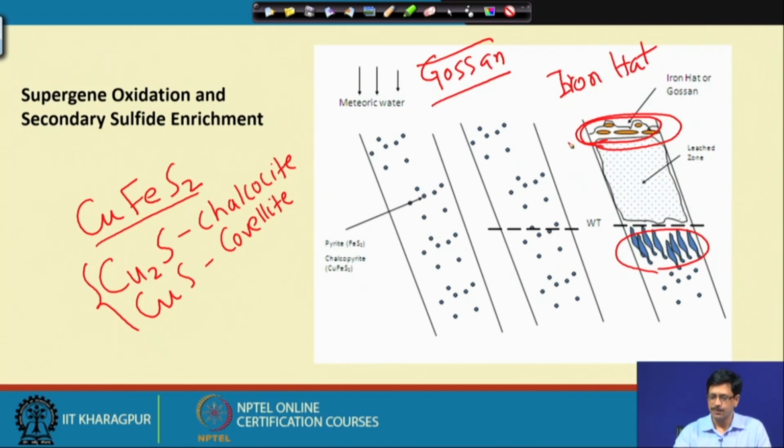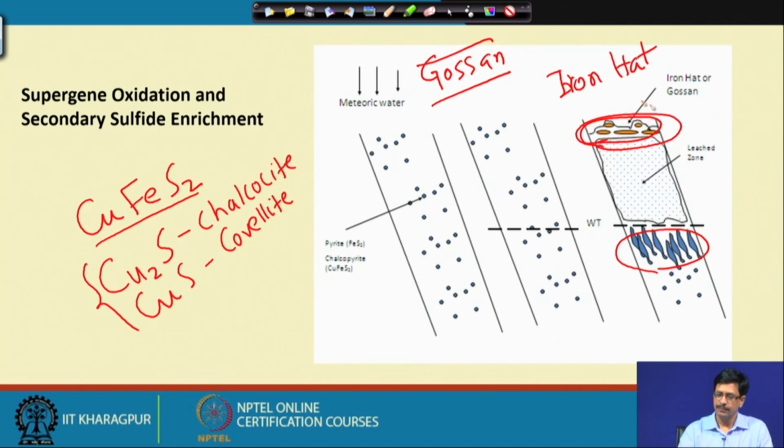And sometimes this process depends on the diameter of the ore body, and also on the immediate host rock surrounding this ore body. Because in this zone initially there will be generation of a copious amount of sulfuric acid, which means the pH of this fluid will become very low.